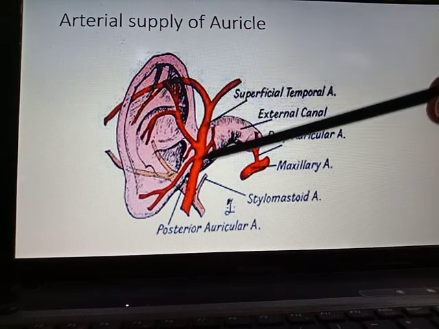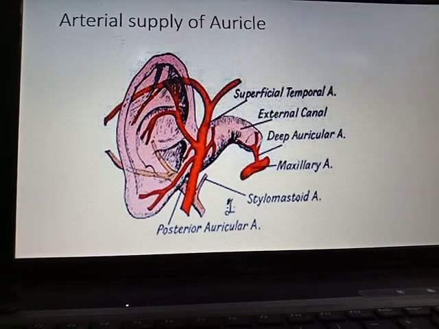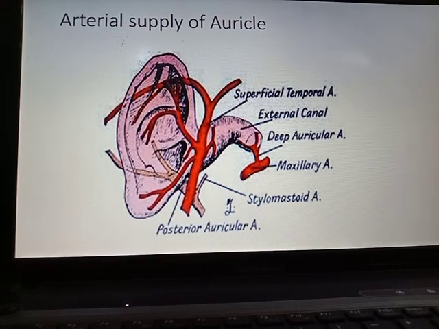The superficial temporal artery provides anterior branches, which provide blood supply to the auricle or the pinna. And sometimes a branch from the occipital artery. The occipital artery comes from behind and it provides nutrition to the cranial side of this pinna or the auricle.